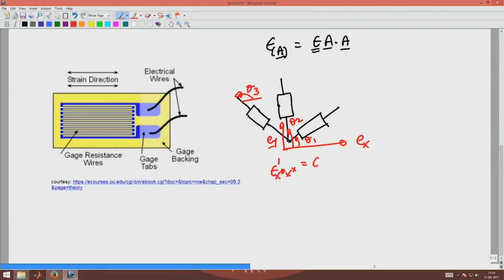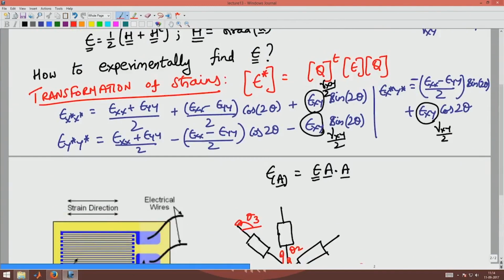it will be epsilon xx cos square theta 1 plus epsilon yy sin square theta 1 plus epsilon xy sin 2 theta 1. What I have done is, in the previous expression, I have combined 1 plus cos 2 theta by 2 as cos square theta 1.